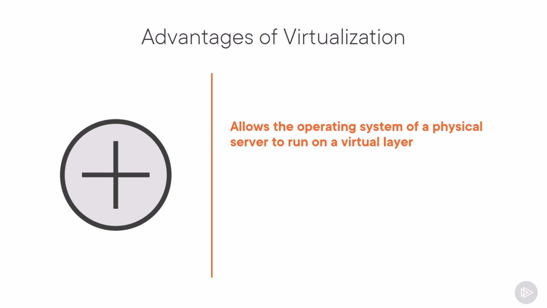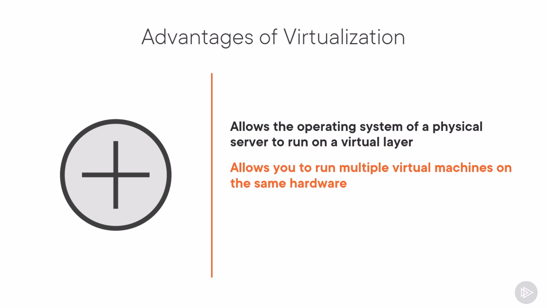First of all, it allows the operating system of a physical server, like Windows Server before, to run on a virtual layer. And this also allows you to run multiple virtual machines on the same hardware, so we can really maximize the utilization of our hardware, even if we have one virtual machine per application.